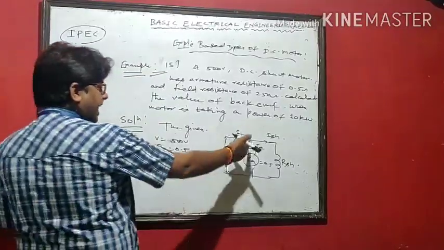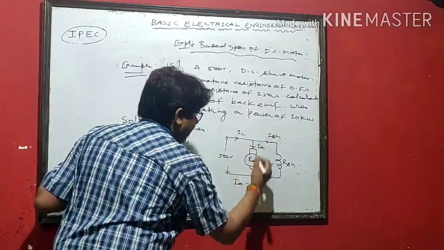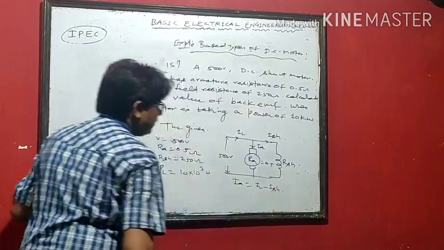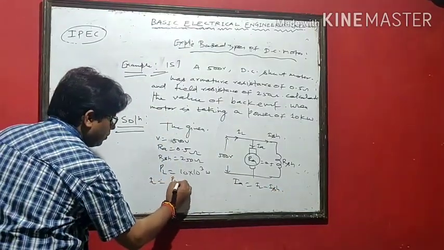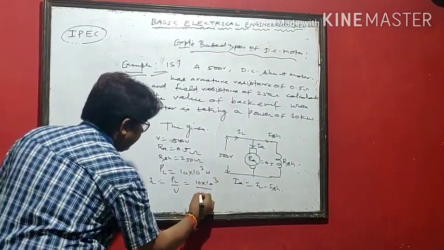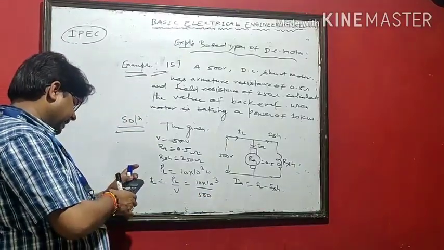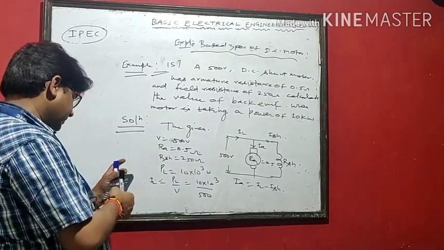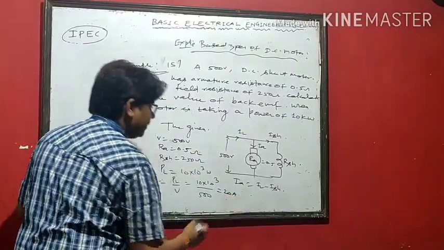From this diagram, what is the value of IA? IA equal to IL minus ISH. And what is the value of IL? IL equal to PL upon V, that is 10 into 10 raised to power 3 divided by 500, that is equal to 20 ampere.